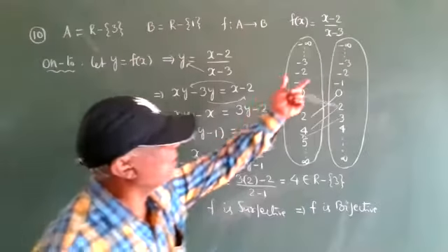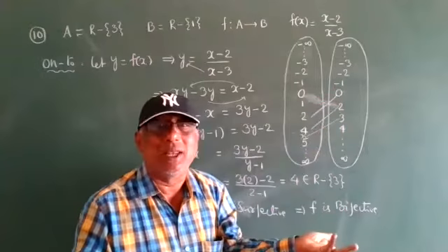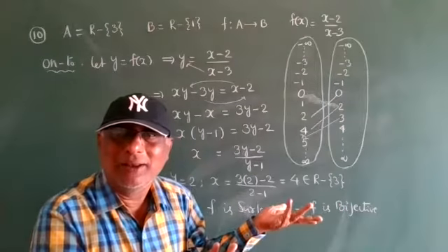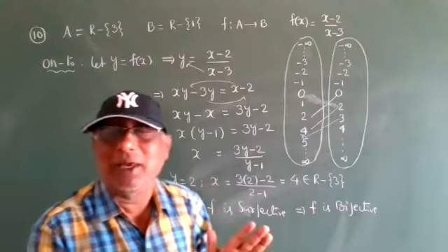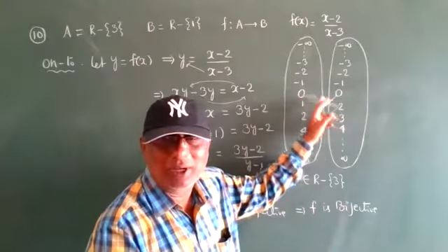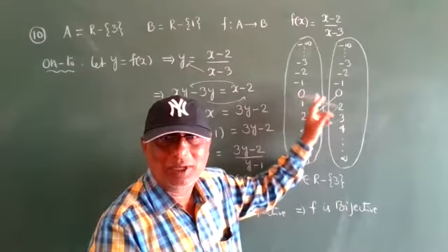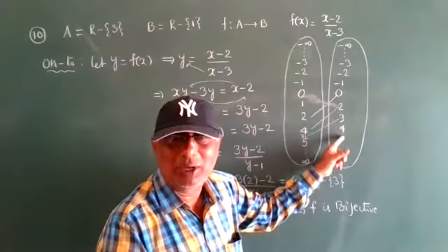The codomain set has no 1, which means range is equal to codomain. Range means mapping elements only. There is no question of comparing the both. We are comparing the mapping elements only.